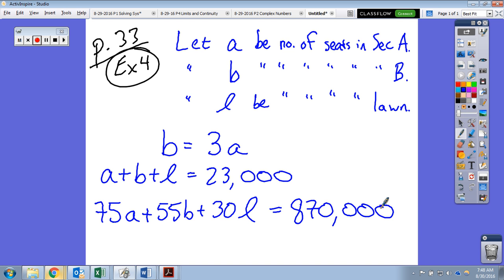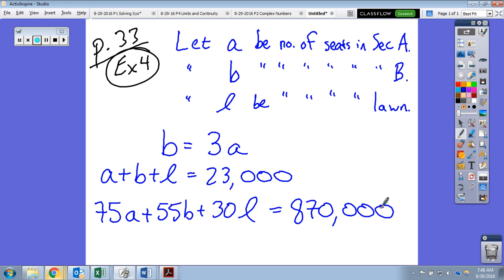Please raise your hand if you don't understand one of these equations, like how it came from the text. Yes. The first one, B equals 3A? Okay. This is saying I'm going to let this letter represent this idea.